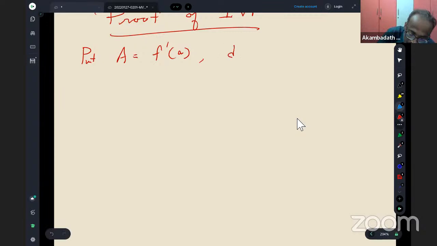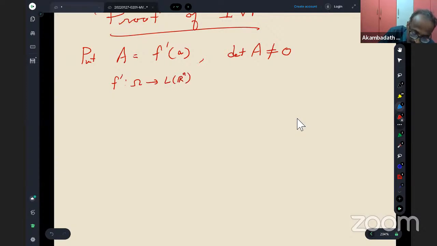So given that this is not equal to 0, F prime of A is invertible. That's the given fact. And you are given that F prime of X is continuous. F prime is a map from omega to L of Rn.